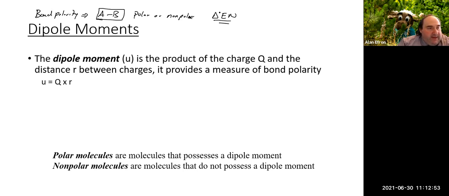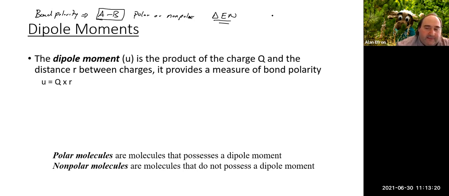When we have a difference in electronegativity values above 0.4, or in general if you use the general trend, that tends to give us a polar bond. If we have a difference between 0 and 0.4, that gives us a nonpolar bond, basically equal sharing of the electrons.